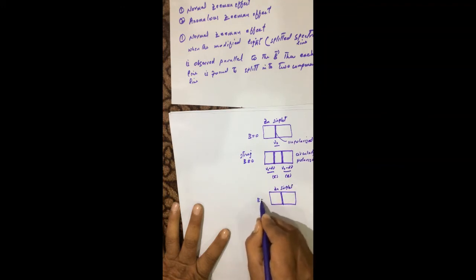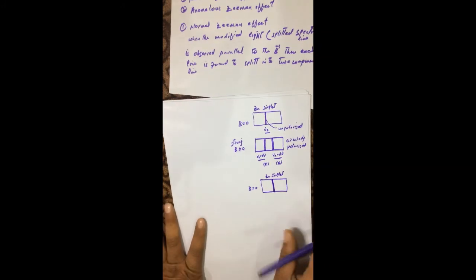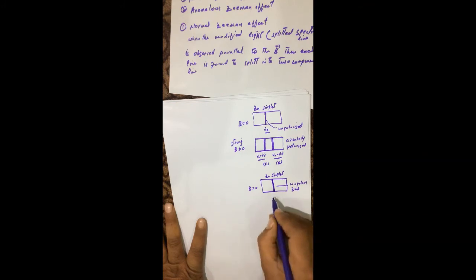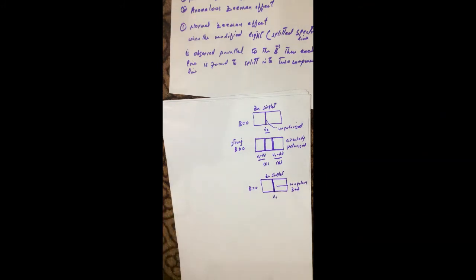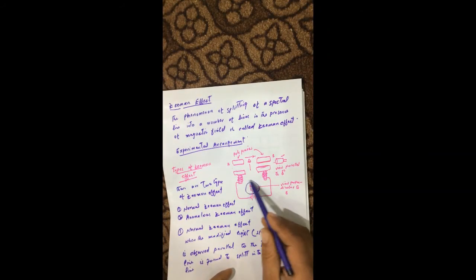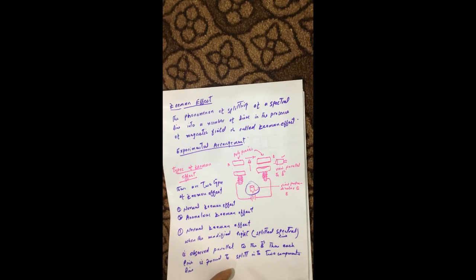When there was no magnetic field, it looked like a single line, it is unpolarized if we pass it through the nicol prism, and its frequency is nu naught. But if we observe this spectral line in a direction perpendicular to the magnetic field using this instrument, then what will happen?